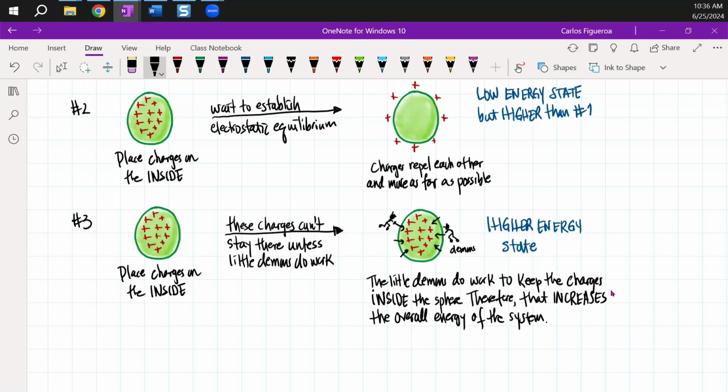So why are charges on the surface? Because it's a lower energy state. Why are they not spread out throughout the thing? It's because that would be a higher energy state.